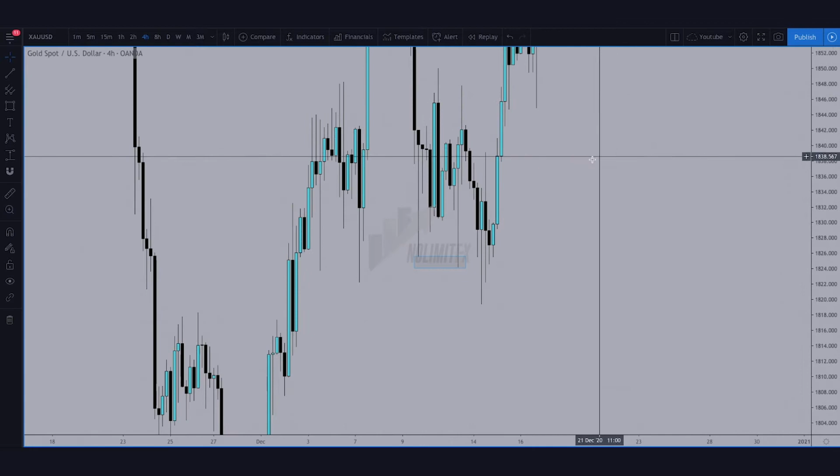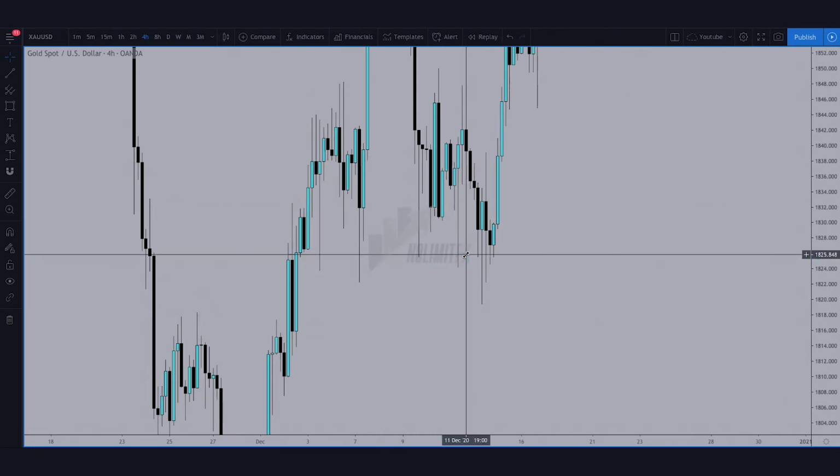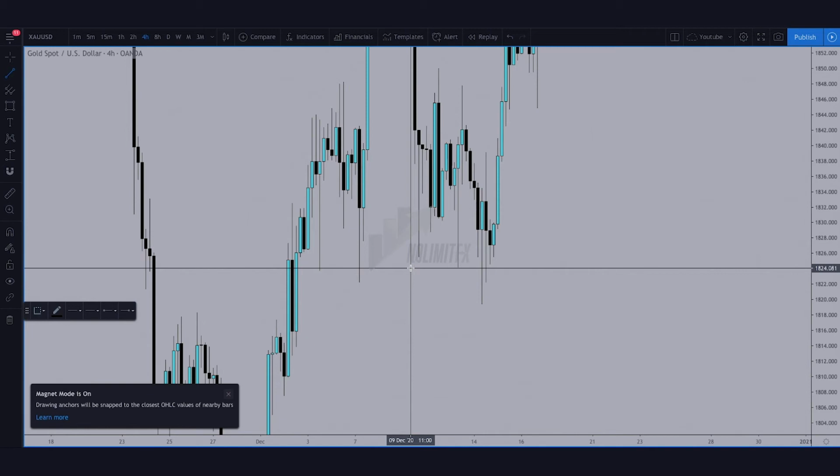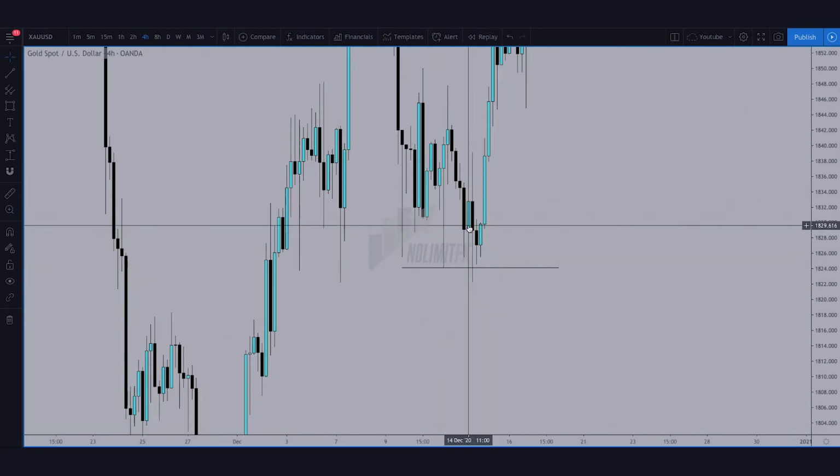What you're gonna do when price takes out these lows, and I really like to use just a line to keep our chart clean and crisp. Let's say from here, right? Boom.